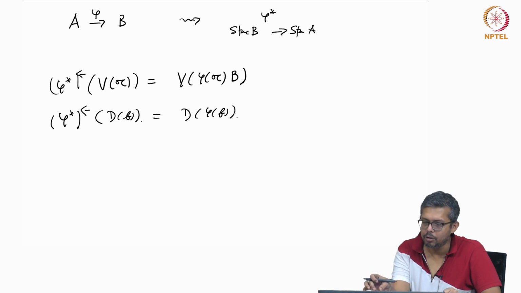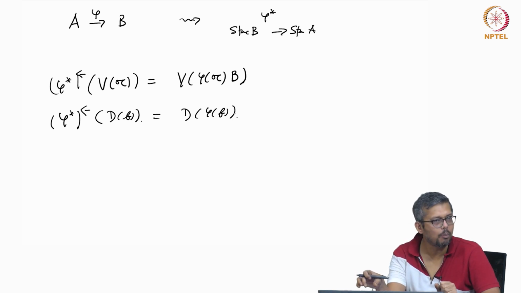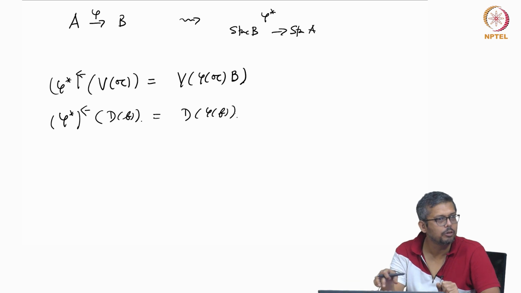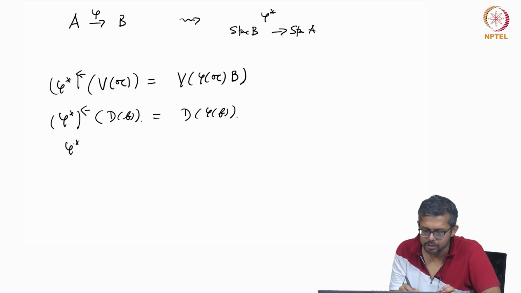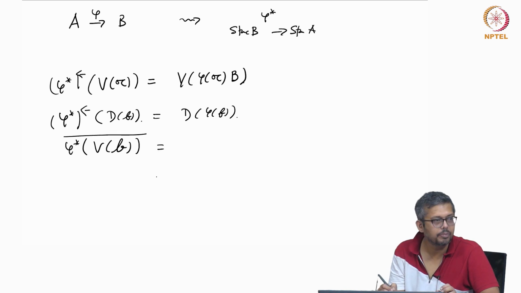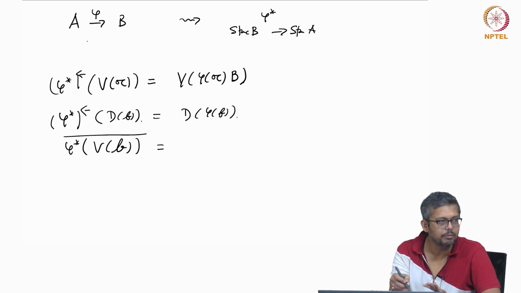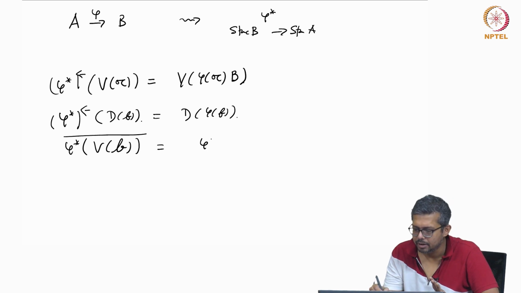And now if you take a closed subset, it will not necessarily go to a closed subset, but you can take the closure. So what is phi star of V of B, closure? Naturally, with the idea of the inverse image, you take the inverse image ideal, that's always an ideal, and take V of that.